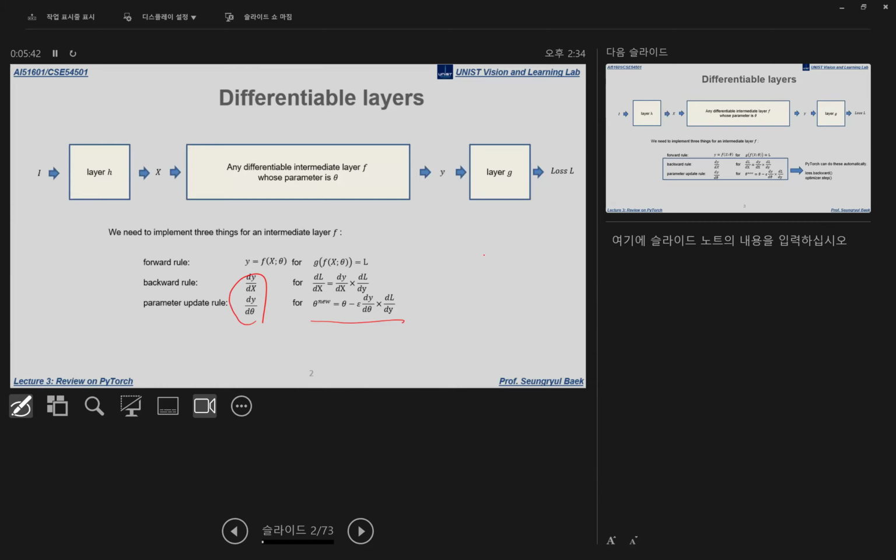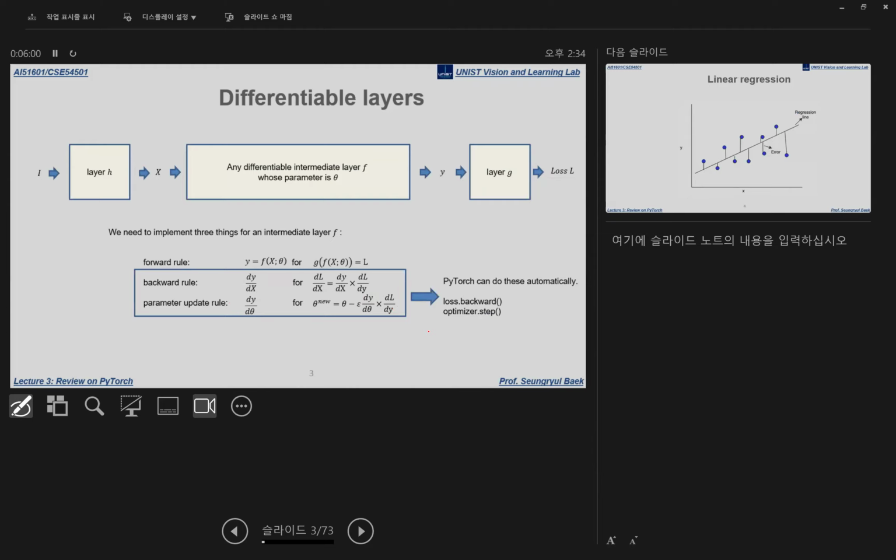Our ultimate goal is to minimize the loss, and these gradients give the direction in which the loss L is reduced. So in that direction, we are updating our parameter vector. But an important thing we have to remember is that implementing this gradient descent and calculating the gradient by ourselves takes a lot of effort.